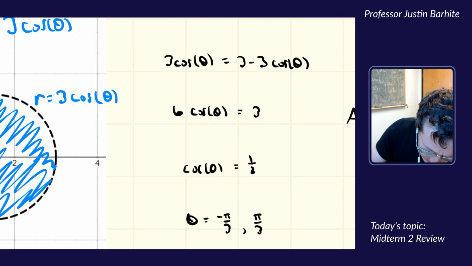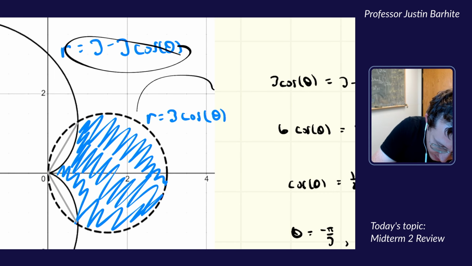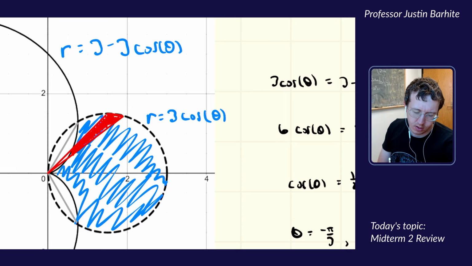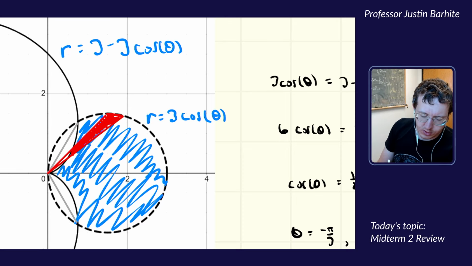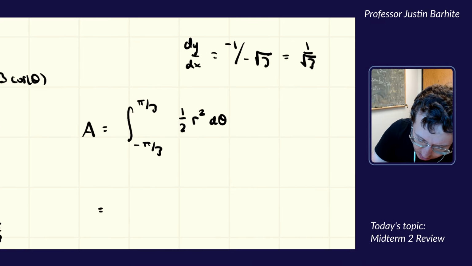And what's r? I have two options here. But the point is that at any given theta, I guess this is slightly trickier because I just want this piece. So I don't just do 1/2 r squared.